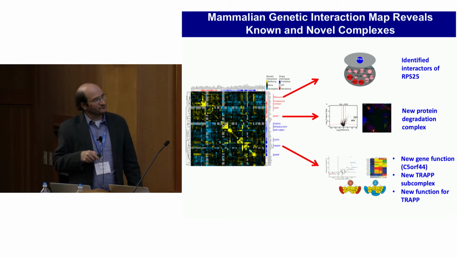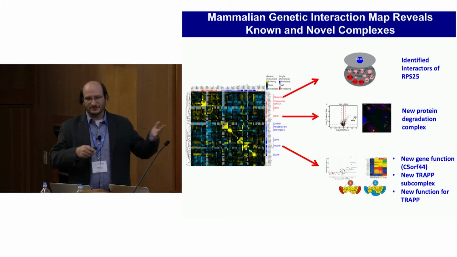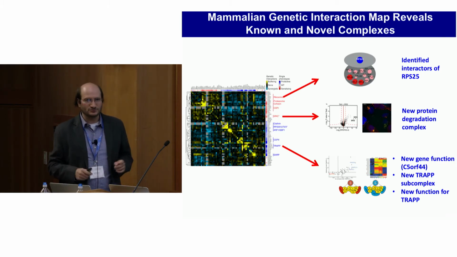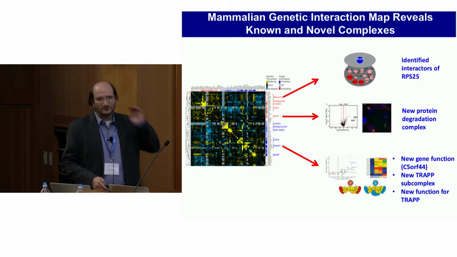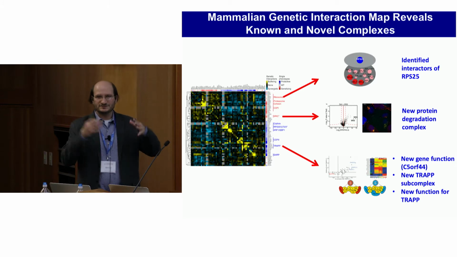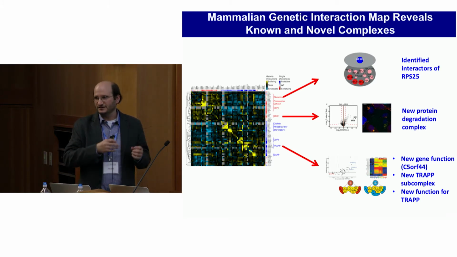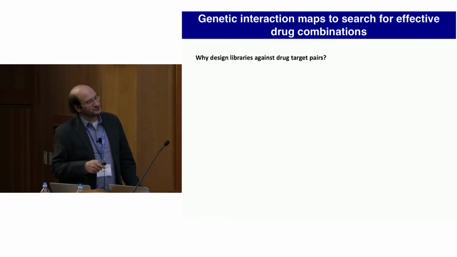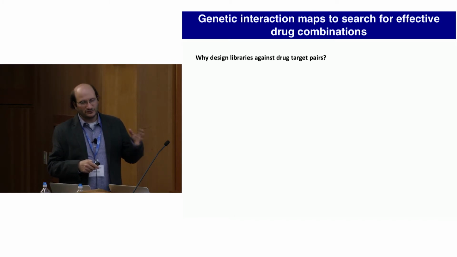So now we have a prediction for what this thing does, and we could actually show that indeed this is a physical member of this complex, and in fact defines two new complexes that are subcomplexes of TRAPP. So these were very powerful tools for a systems level understanding of what the hits from a screen would do.